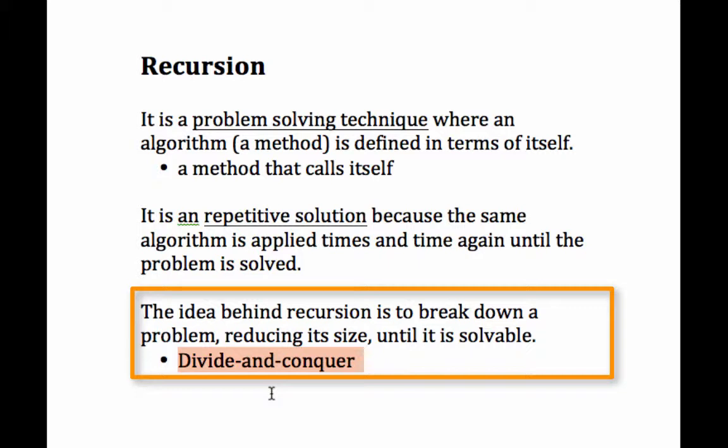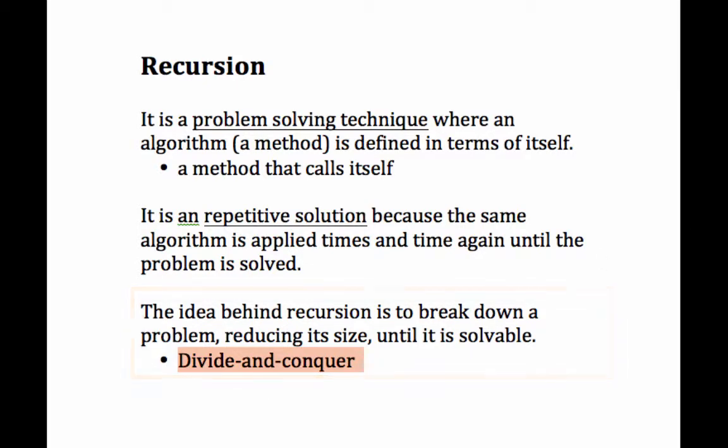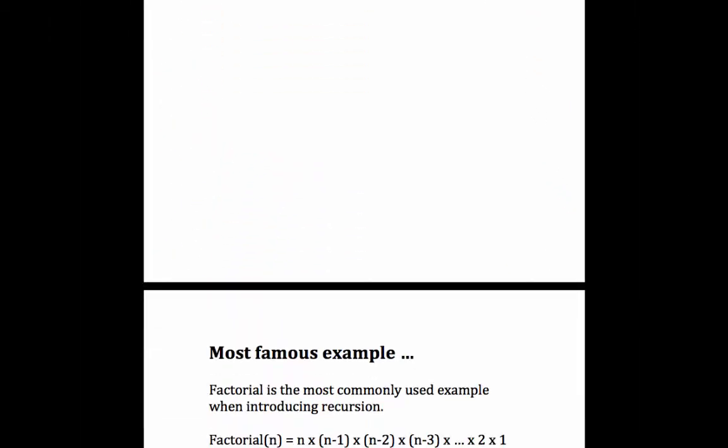We're given a problem that is complicated or complex, and we don't know the answer to that particular problem, but we know the answer to a problem that is similar to that one but much, much smaller. So the question is, can I reduce the size of the problem to a size where I know the answer? That's basically what recursion is.